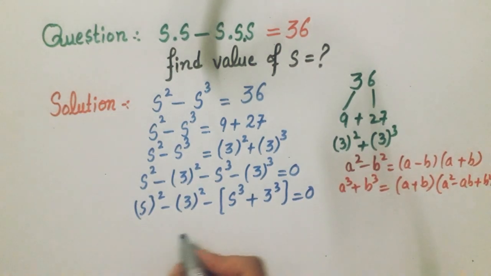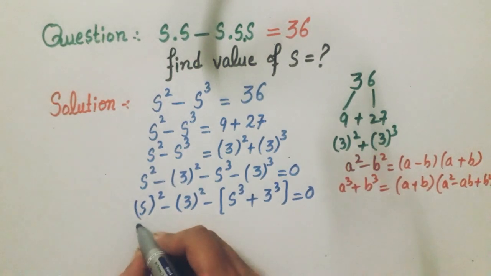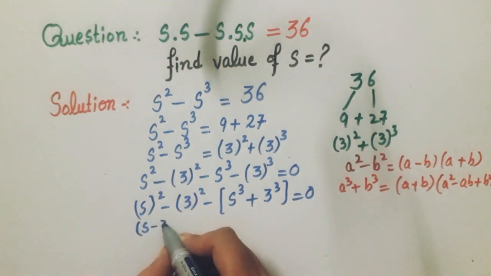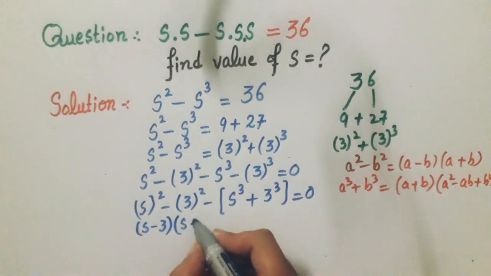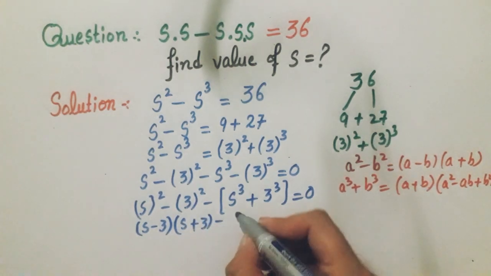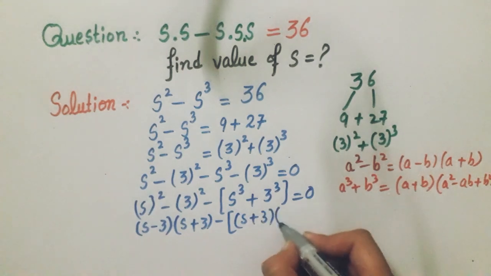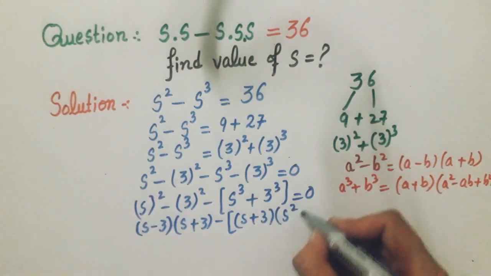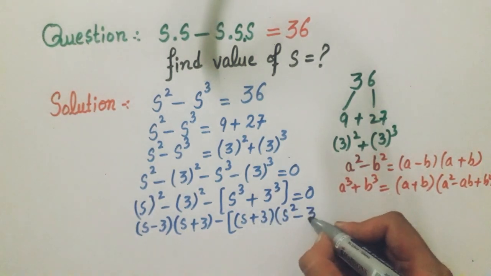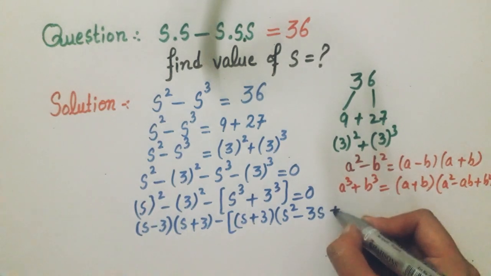So this will become (s minus 3)(s plus 3). Then take minus as common. This will become (s plus 3)(s squared plus 3s minus 3s plus 9).